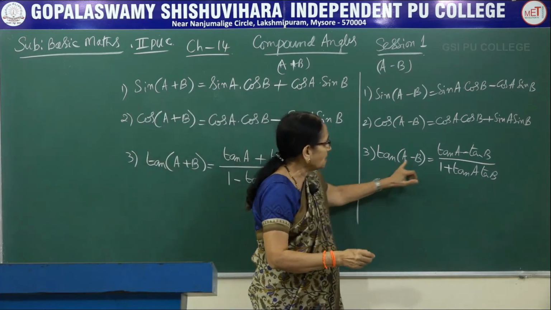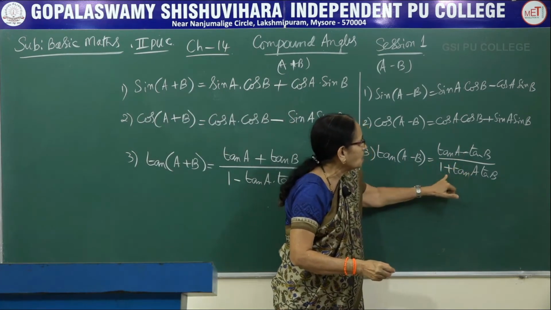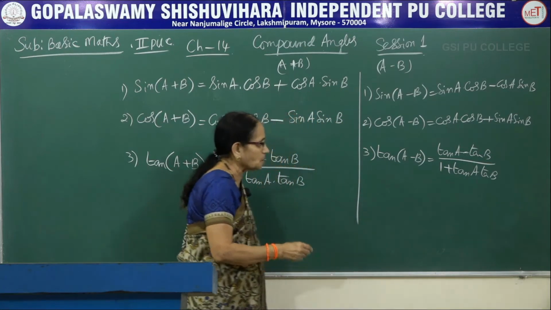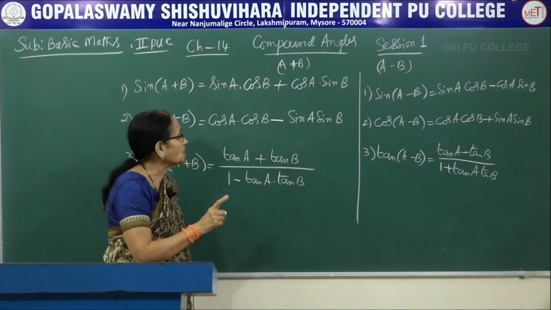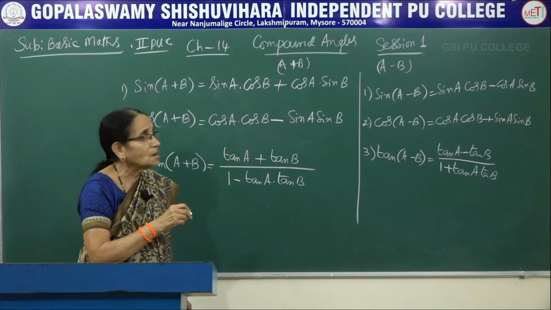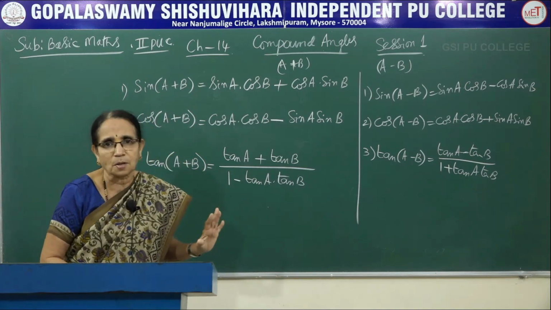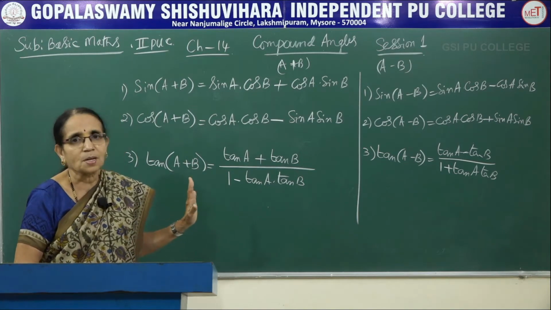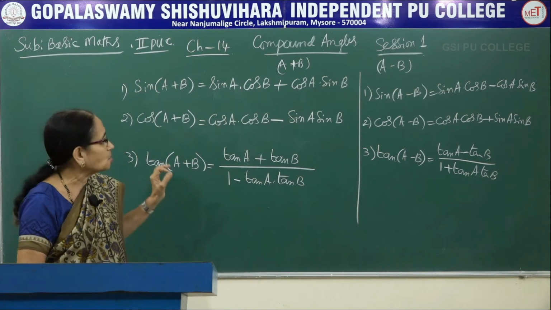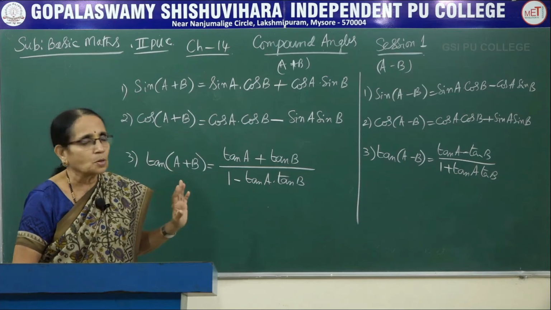Here it is minus, the numerator is negative and the denominator has the positive sign. So the terms are the same, the only difference is in the respective signs. Now you have to learn all these formulae by heart; no derivation is needed for this, it is not included in your syllabus. So using them we are going to work out the problems.